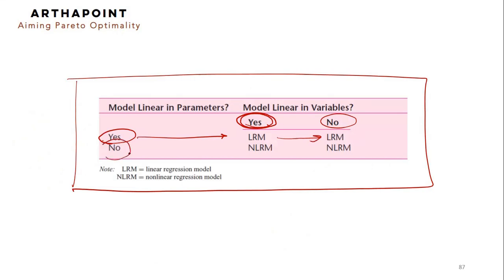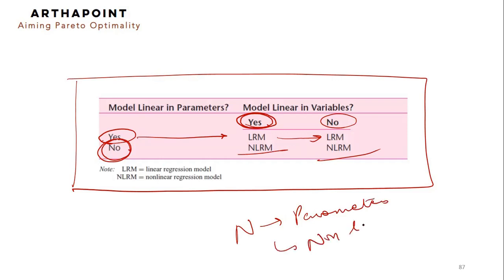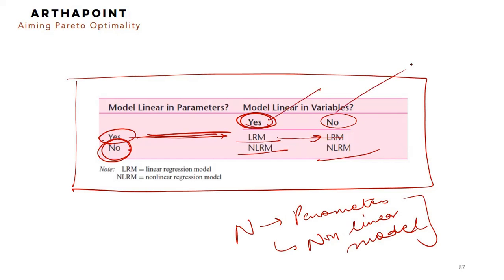If something is not linear in parameters, it is non-linear. Simple. The moment it becomes non-linear in parameters, it's a non-linear model. Simple as that. Only if it is linear in parameters, then it is a linear model, irrespective of what happens with the variables. So I'm not really interested with the variables.